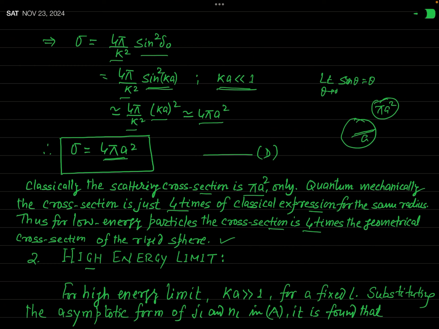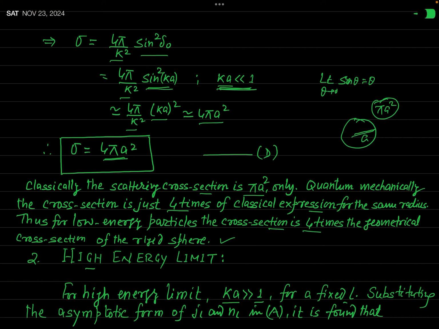When we talked about the low energy limit, we took the condition Ka much less than 1. But for the high energy limit, the condition will be just reverse: Ka will be much greater than 1, for a given or fixed value of L.